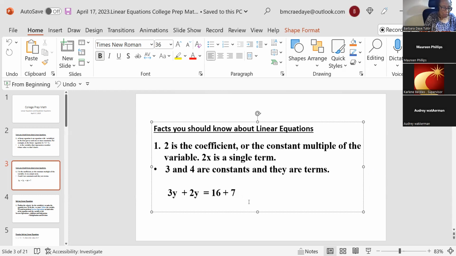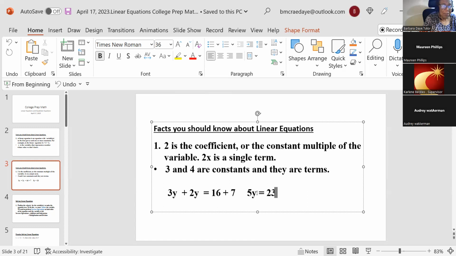Now, if we wrote it as 5y equals 23, then how many terms? Maureen, are you there? Yeah, 6 terms. No, 5y equals 23, that's 2 terms. She's talking about the expression. No, this is a linear equation. If you see that equal sign, that means the terms are equal to the other terms.